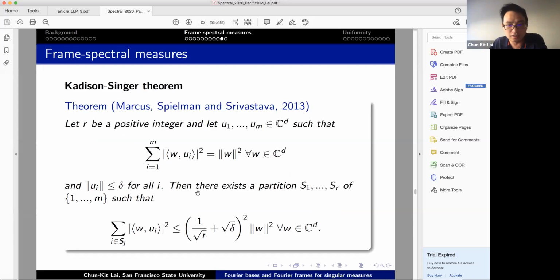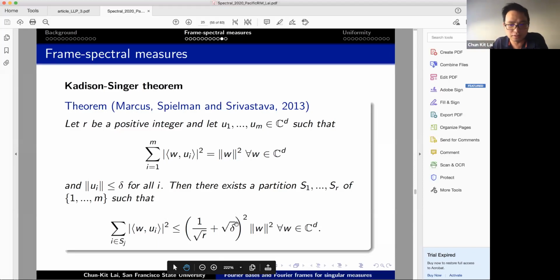So the theorem says that I can partition this hugely redundant frame into R partitions, so that each of them has roughly the same frame bound.